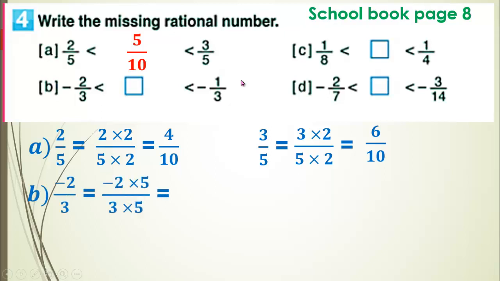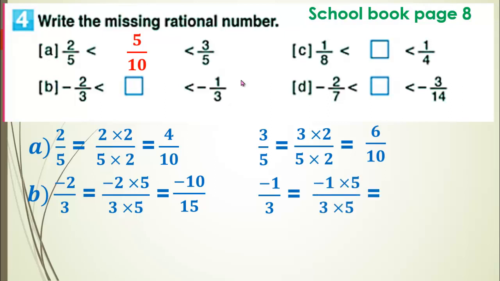Here in this example, let's multiply by 5. So negative 2 over 3, when I multiply both the numerator and the denominator by 5, I will have negative 10 over 15. What about negative 1 over 3? If I multiply both the numerator and the denominator by 5, I will have negative 5 over 15.